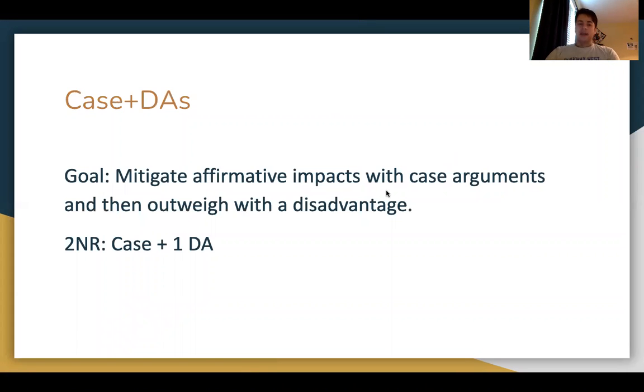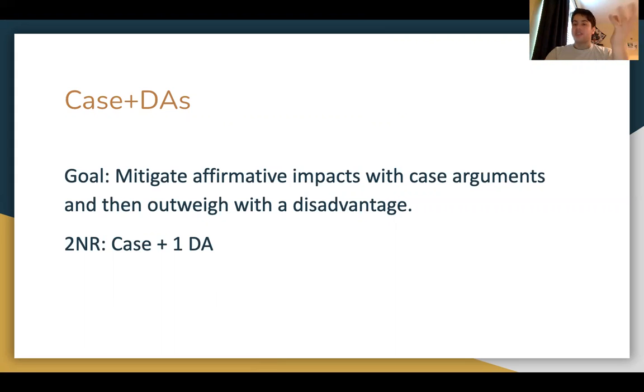The first one is also the simplest, case plus disads. So this is when you're reading solvency attacks, you're reading attacks on each advantage, and you're reading 1 to 3 disadvantages generally. And the goal is to mitigate affirmative impacts with case arguments and then outweigh with a disadvantage. So no matter what's happening in round, I want to mitigate their impacts using my case arguments.